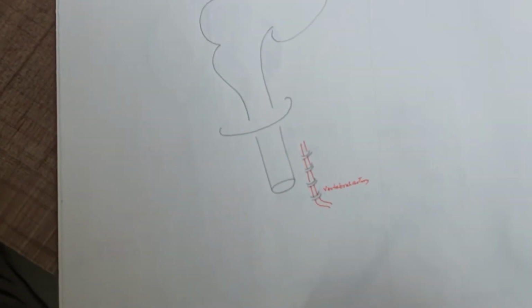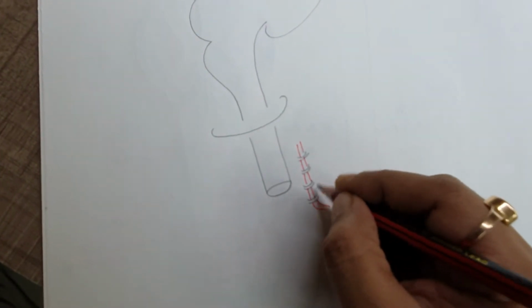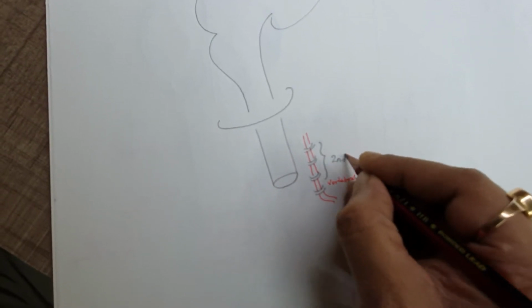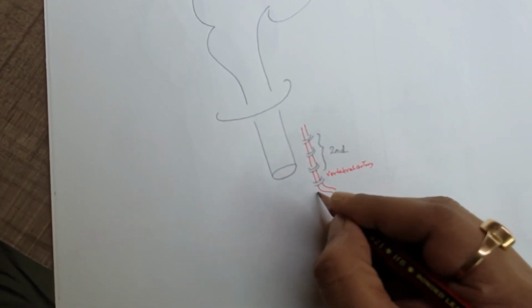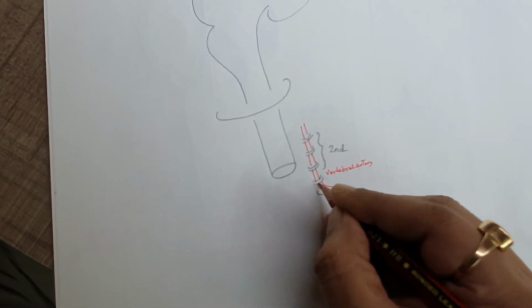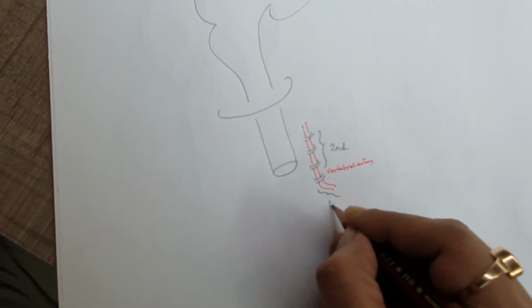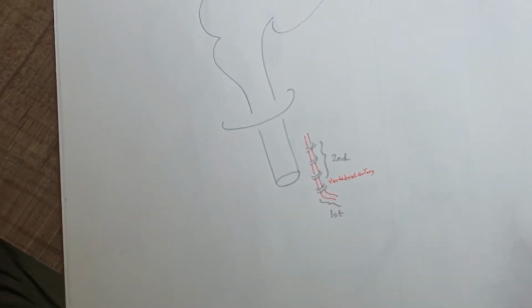While it passes through, this part is called the second part of vertebral artery. From its origin to the foramen transversarium of C7, it is called first part of vertebral artery.